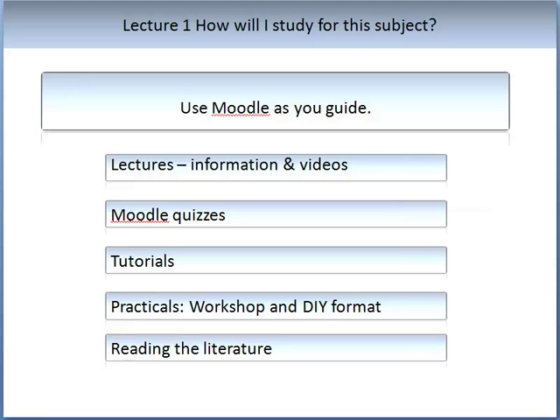This will enable you to demonstrate your knowledge or highlight areas where you may need to review the information. We have observed that students who tend to pass this subject and do well in it use the provided quizzes as a learning aid. Each quiz passed will allow access to the next lecture.